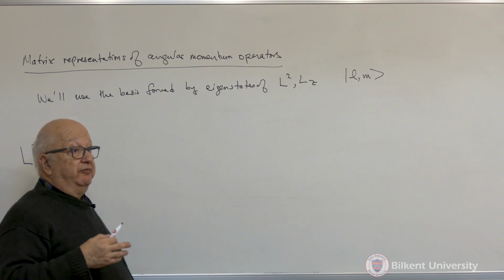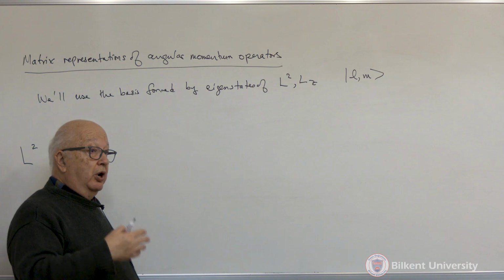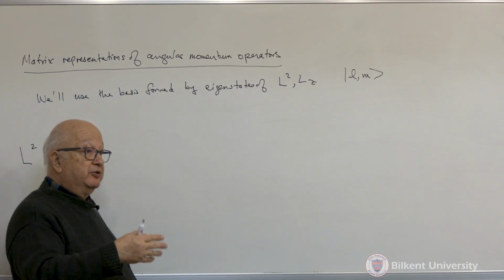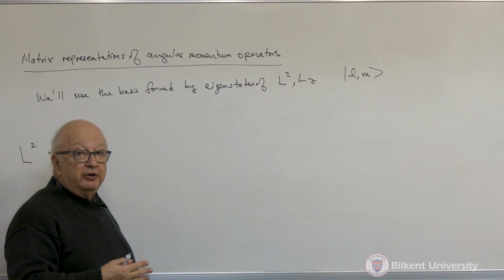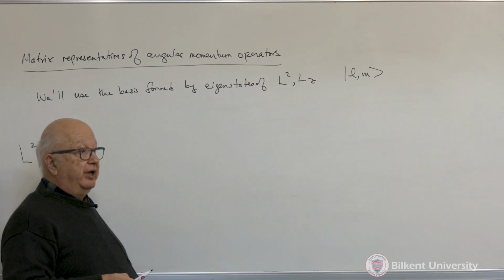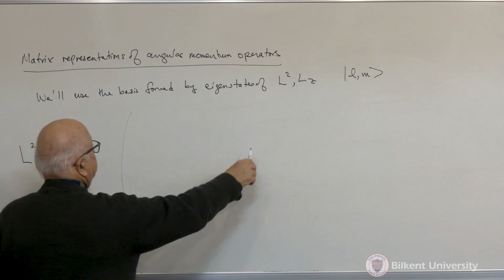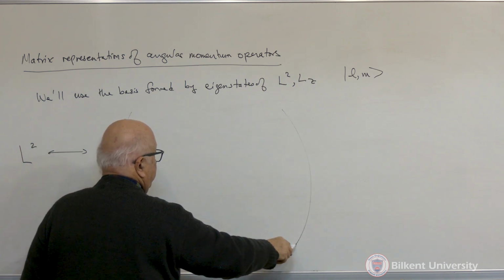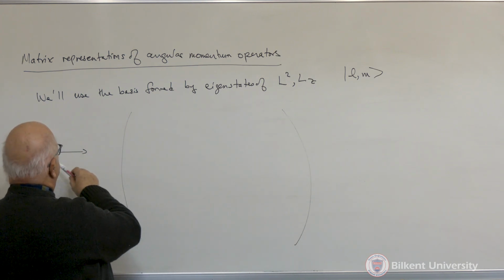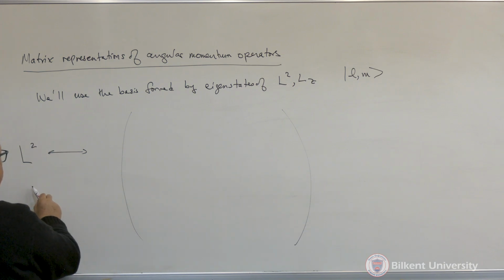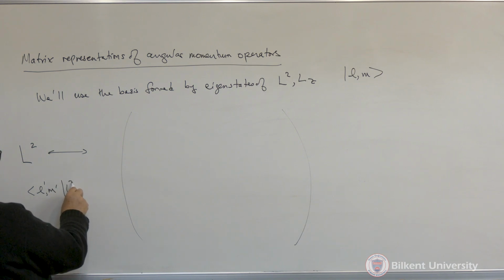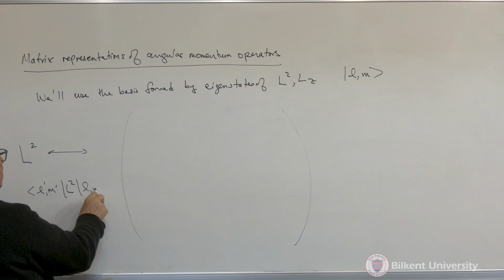We know that if we use the basis of eigenfunctions of the operator itself, we are going to get things which are diagonal, right? So how do we construct this matrix? It's going to be a big matrix. The elements of L squared are going to be things like l prime, m prime on the left, L squared in the middle, l, m on the right.